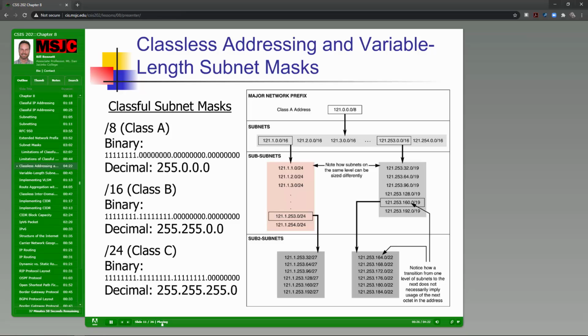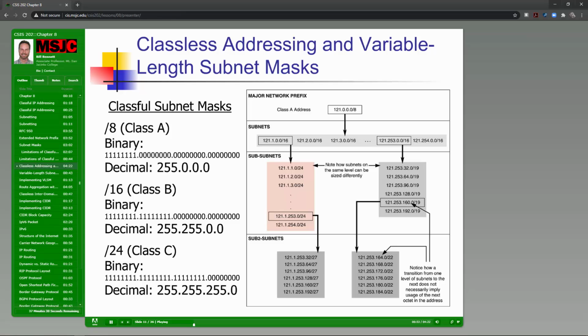Remember, 8 means there's 8 ones in the mask, and then the rest are all zeros, so that's 255.0.0.0. And indicating, of course, in the IP address that only the first octet represents the network, the rest is all used for the hosts. So we can now subnet that Class A into smaller chunks by adding bits into the mask, adding ones into the subnet mask, borrowing from the host portion.